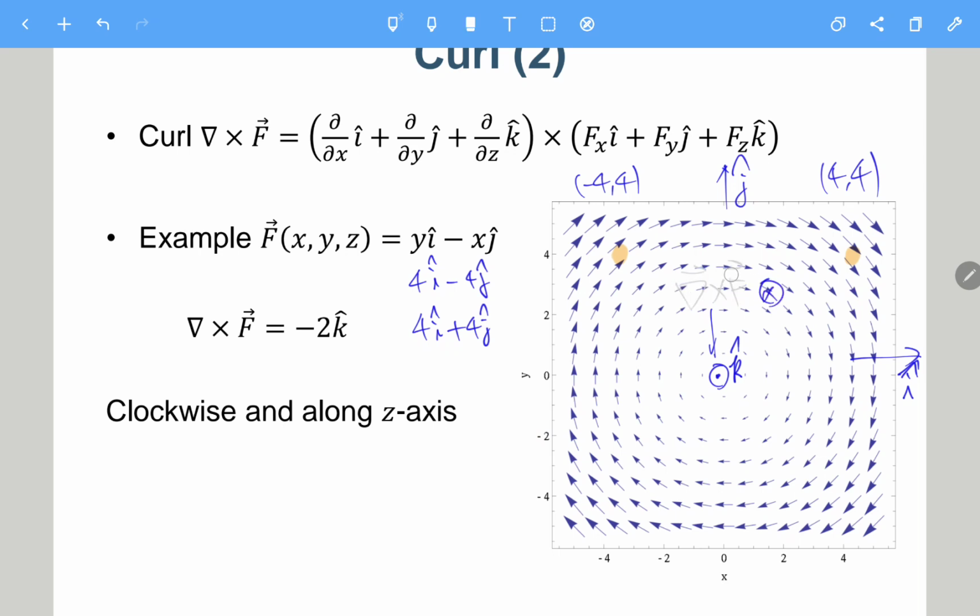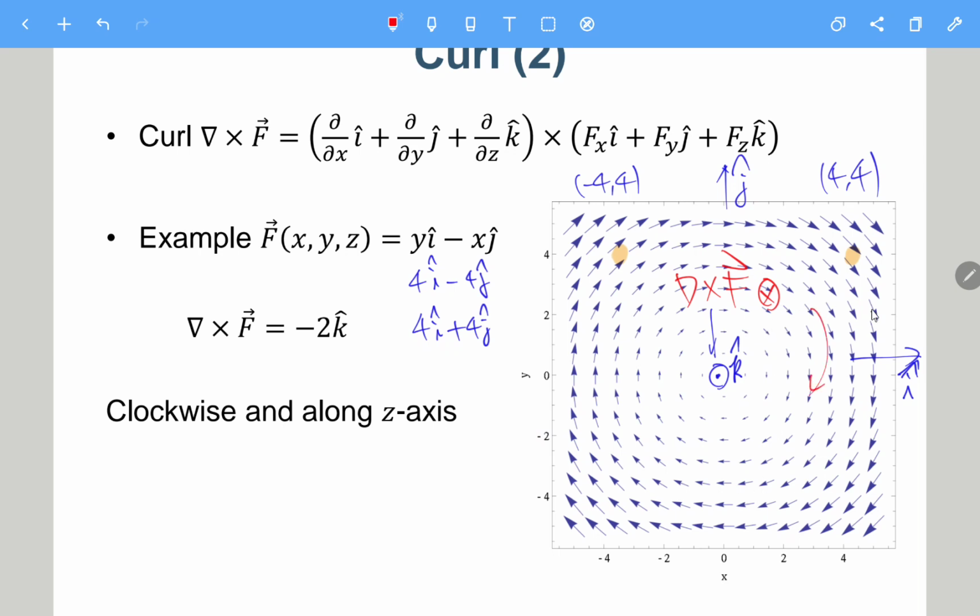Curl of f is pointing into the page. It follows the right hand rule, because if you use your thumb pointing into the page, your forefinger will be rotating clockwise. So this is the direction of the rotation.